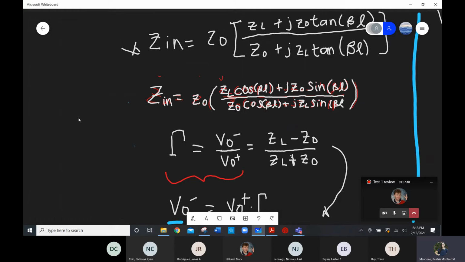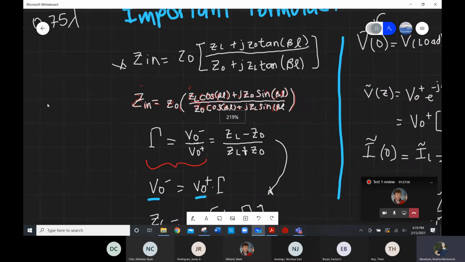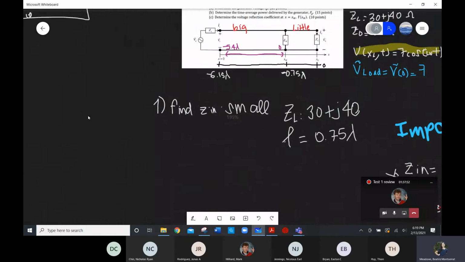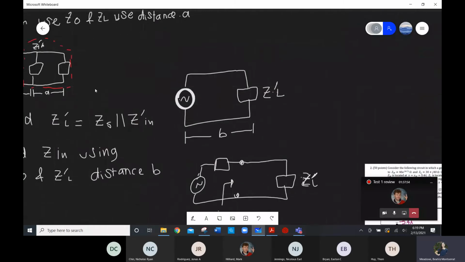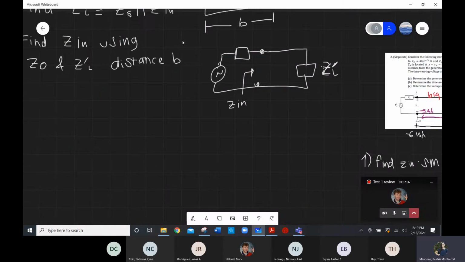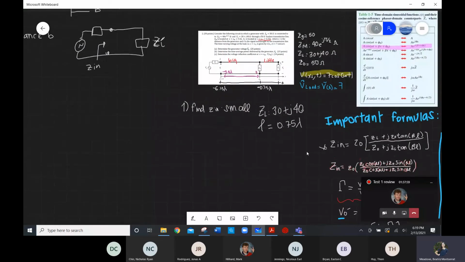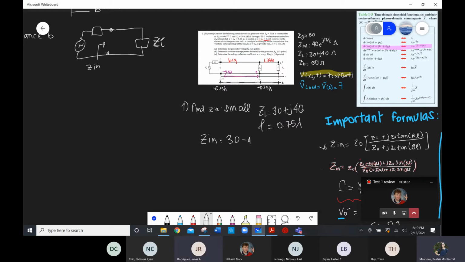And now that we have that, we can move to the second step of our three-step approach. But actually, let me draw it. So we found Z in.